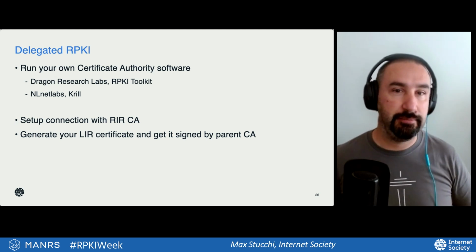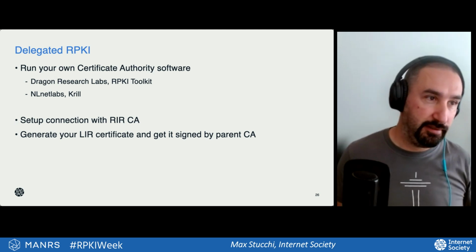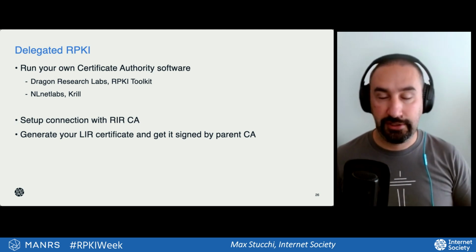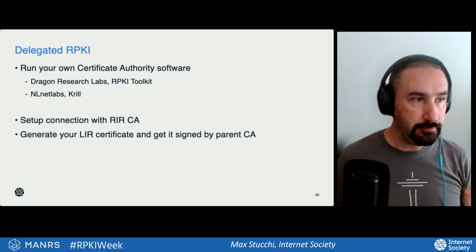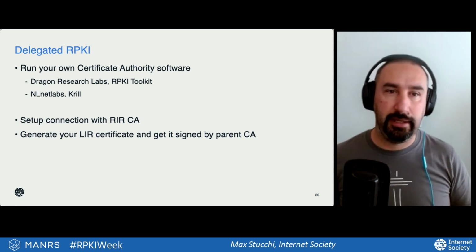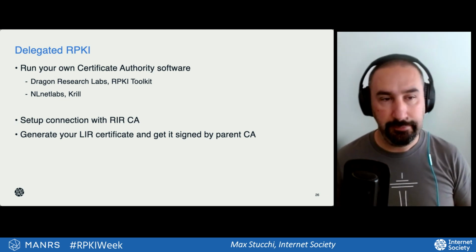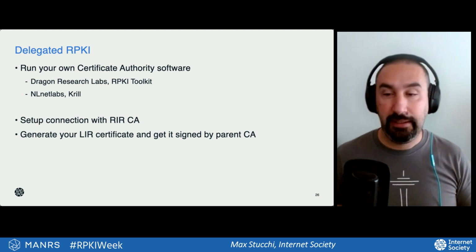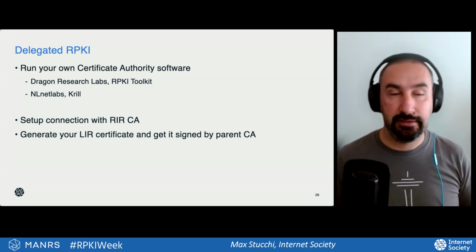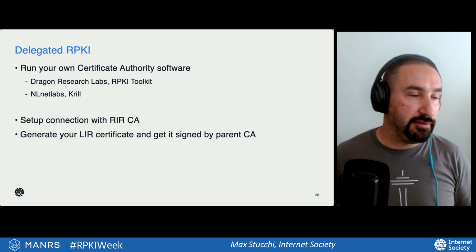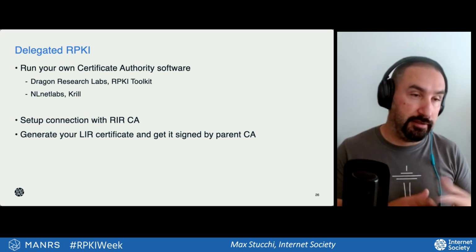And publishing it means running an rsync server and, at the same time, an HTTPS server. Because data in RPKI gets distributed using two methods, either rsync or RRDP. And RRDP is just a system that's based on HTTPS, on a web server, basically. So you will need to run both.